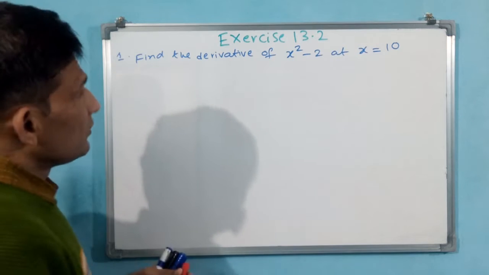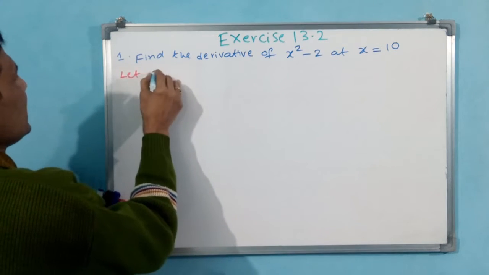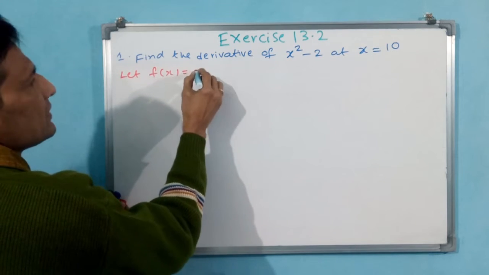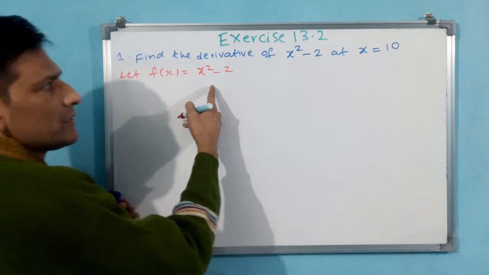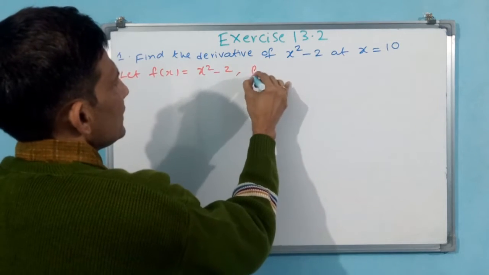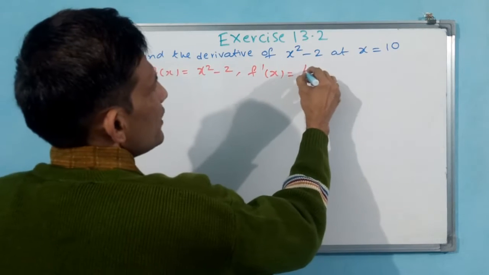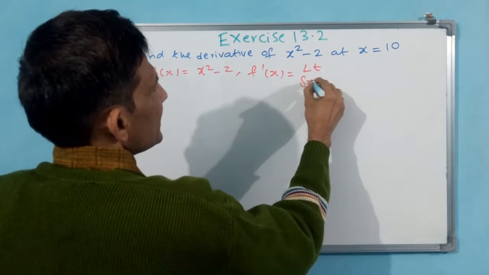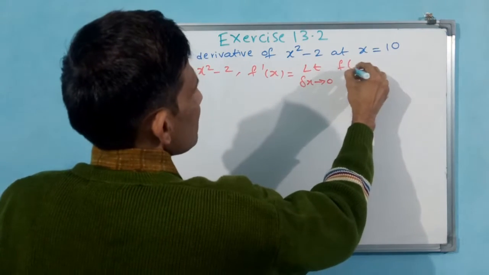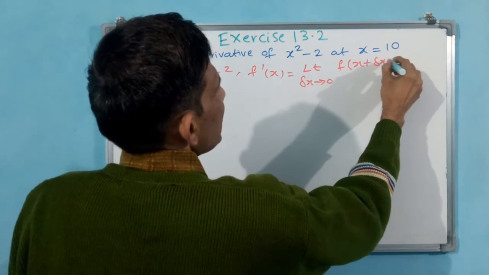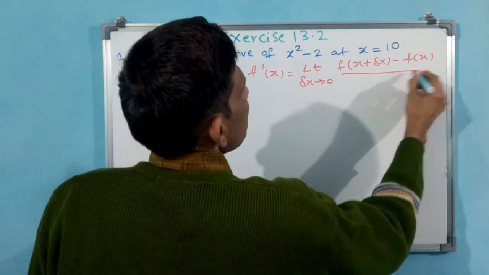Let f of x is equal to x square minus 2, comma, f dash x is equal to limit delta x tends to 0, f of x plus delta x minus f of x divided by delta x.